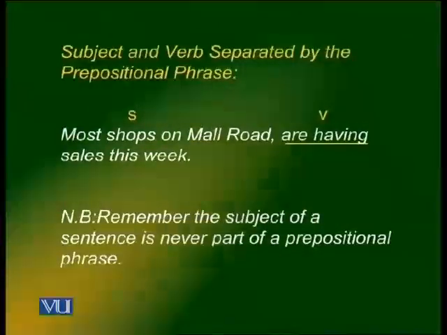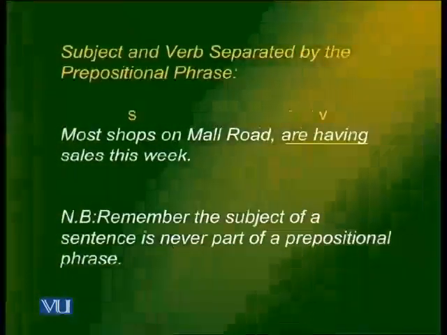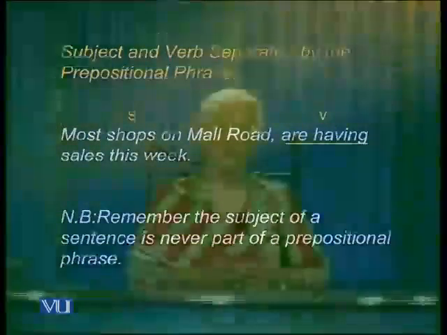Now over there, in this sentence, you've got the word shops. Shops is the subject, and it's in the plural form. All right? And the verb is are having. Subject and verb do not come together side by side, or one after the other. There is, in fact, a phrase which separates the two. And the phrase is on Mall Road.